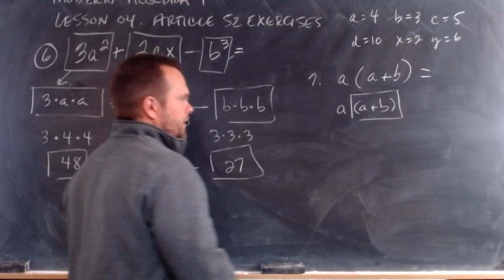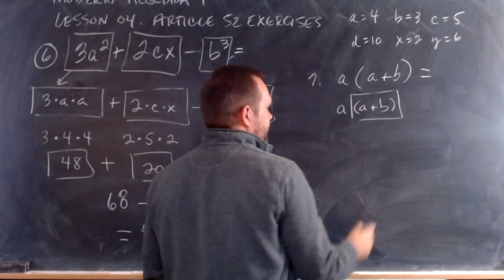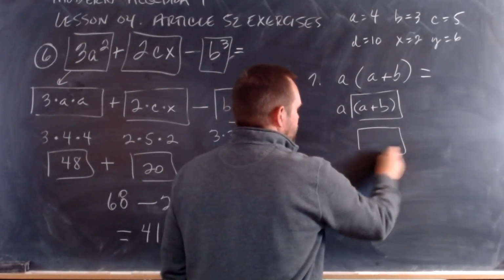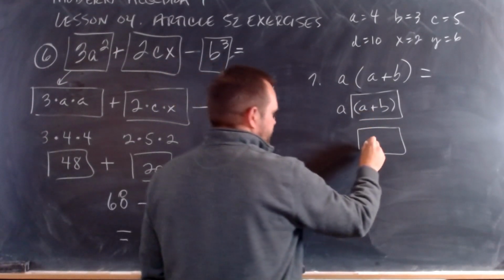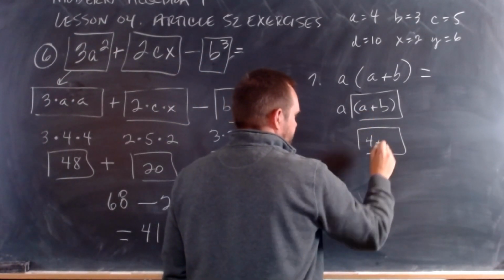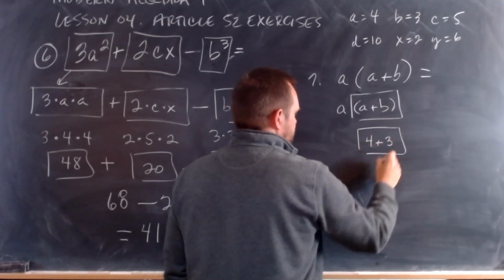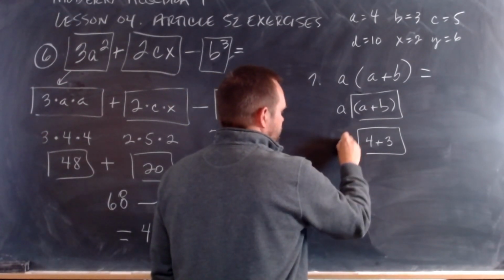All right? The first thing we're going to do is find the value of this term. The value of this term is equal to a plus b. What's a? A is 4. What's b? B is 3. So what's the value of this term? 7. And we have to multiply it by a.